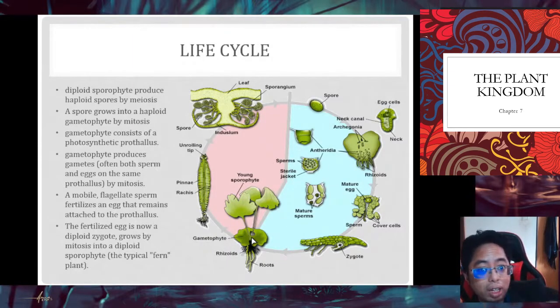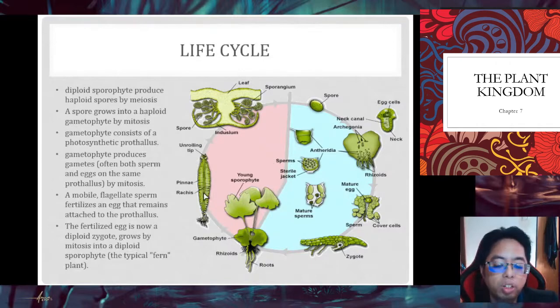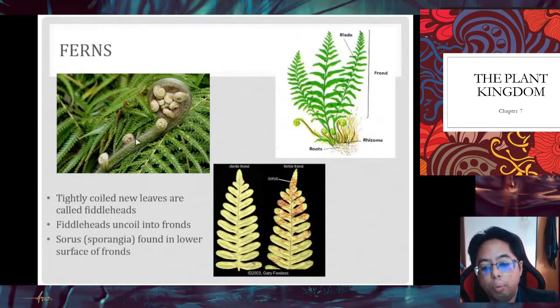So you have leaf and then leaf coming out, right? And then this leaf will unroll into the thing that we call the fern. When it's still coiled, it is called the fiddlehead, because it looks like a violin's head.